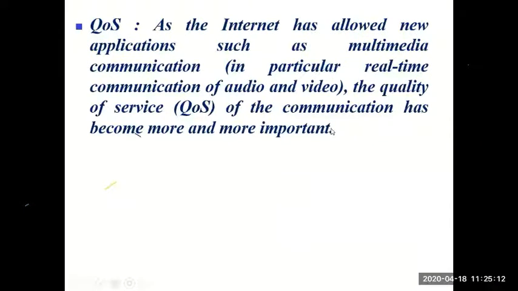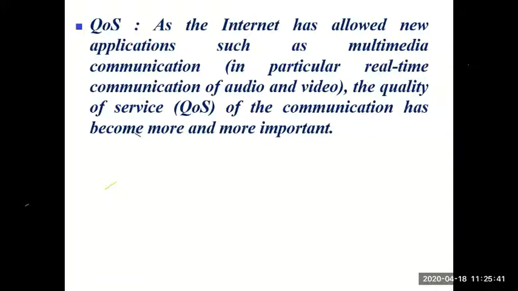Next is something known as quality of service. I told you this term comes into the picture mainly for multimedia applications where you have voice, video and data, everything together. So real-time transmission of voice, audio, data, everything, when we do it, it becomes important to monitor some parameters like the data rate or throughput.